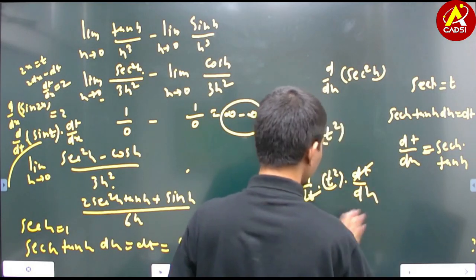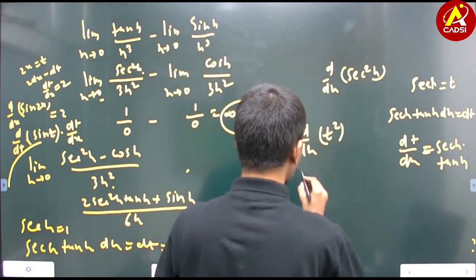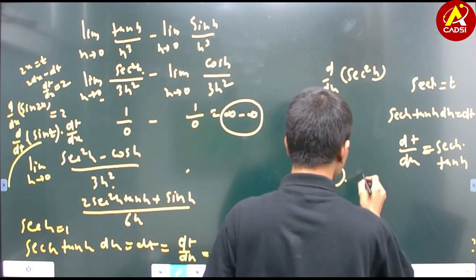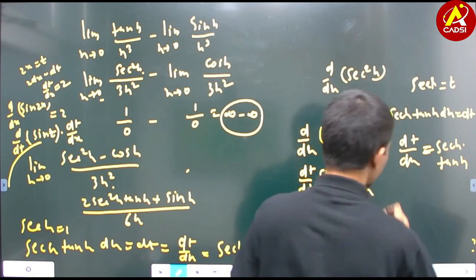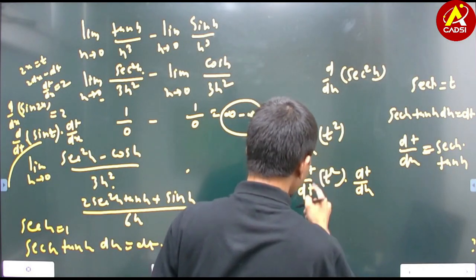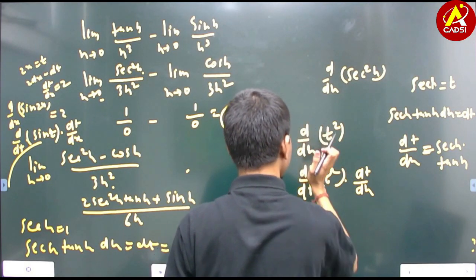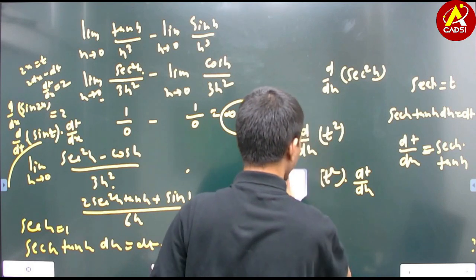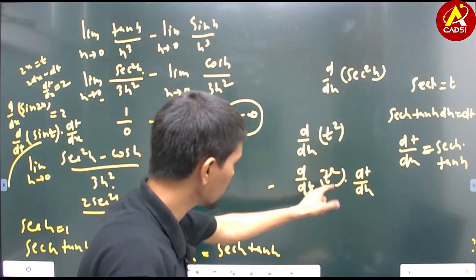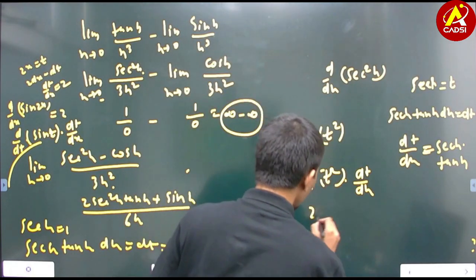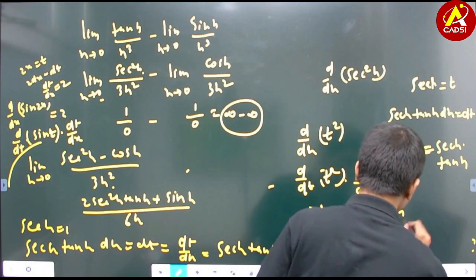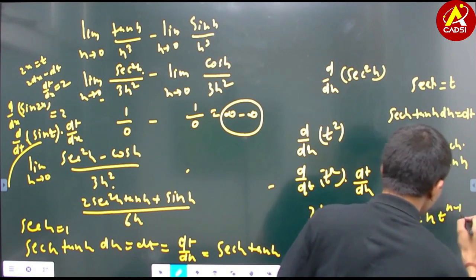So we can write d upon dt of t square, times dt upon dh. Here dt upon dh is sec h tan h, and d upon dt of t square is 2t, by using the concept that d upon dt of t to the power n equals n times t to the power n minus 1.